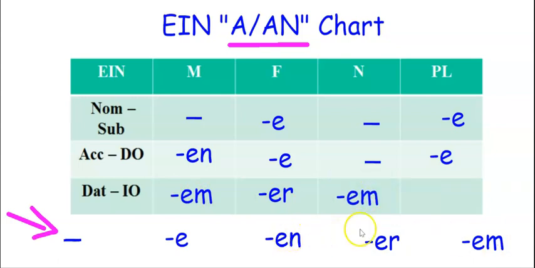So MR, MN. MR, MN. Emerymen, which is kind of silly, but those are the endings. So blanky, blanky, any blanky, Emerymen. Those are the different endings for the EIN chart.